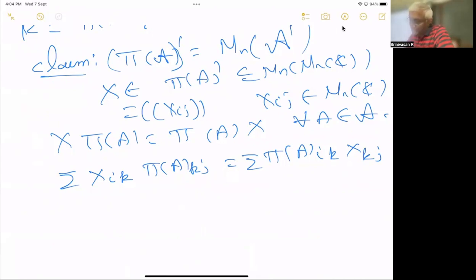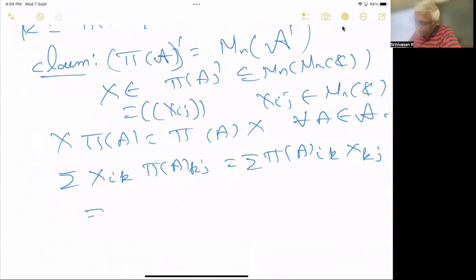So I have to just say that the Xik are all in A commutant. In the sum, only K equal to J survives, everything else is 0, and on the other side, K equal to I survives.